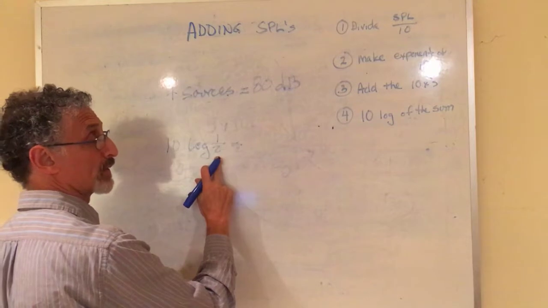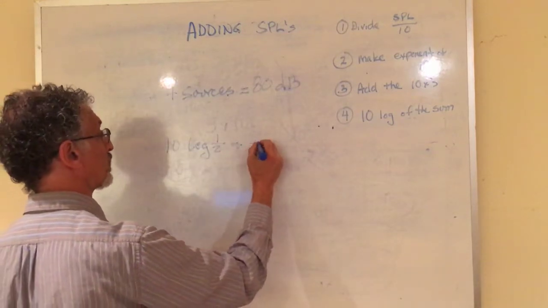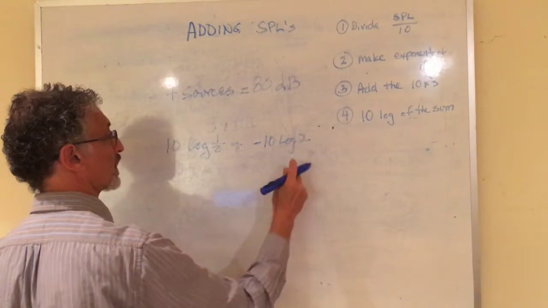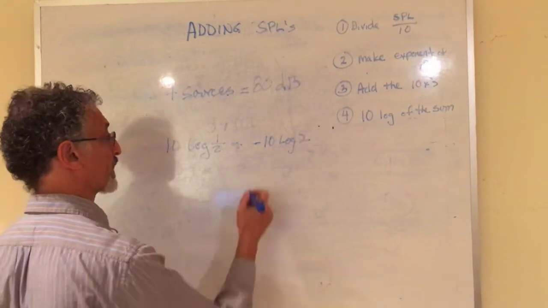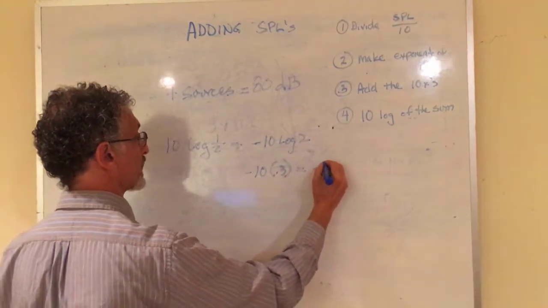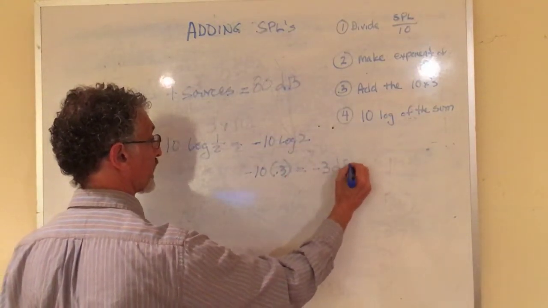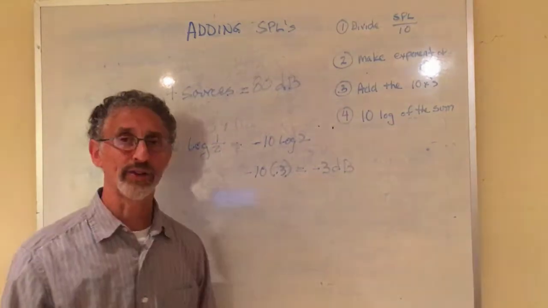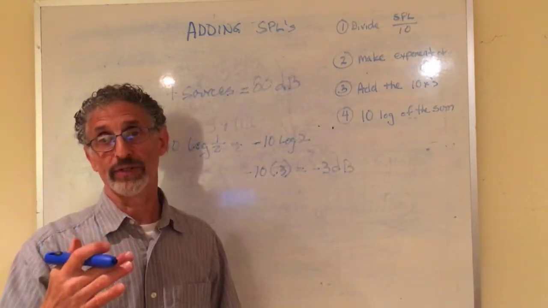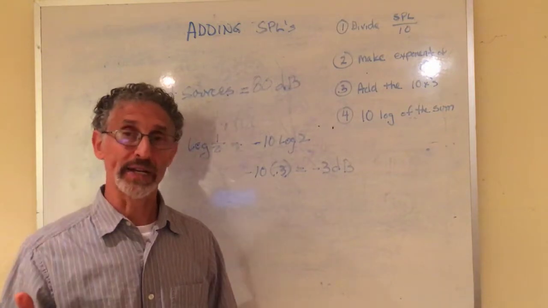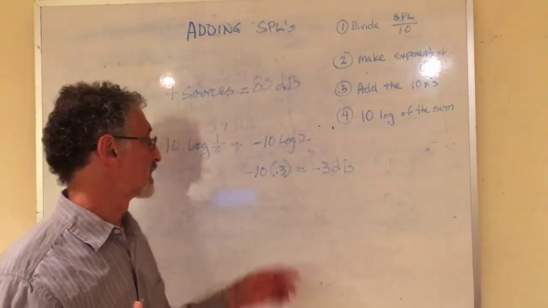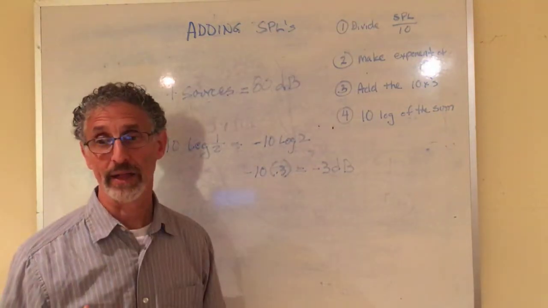Since this is in the denominator, that equals minus 10 log of 2. The log of 2 is 0.3. Equals minus 3 dB. And it should sort of now be obvious, if we're doubling the number of sources, we add 3 dB. If we are halving the number of sources, we subtract 3 dB.